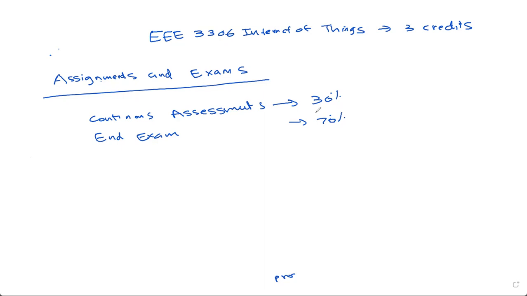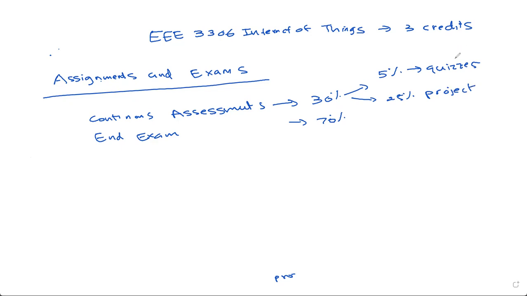When I talk about the continuous assessments, they will consist of quizzes and a project. There will be 5% of marks from quizzes and 25% from the project.